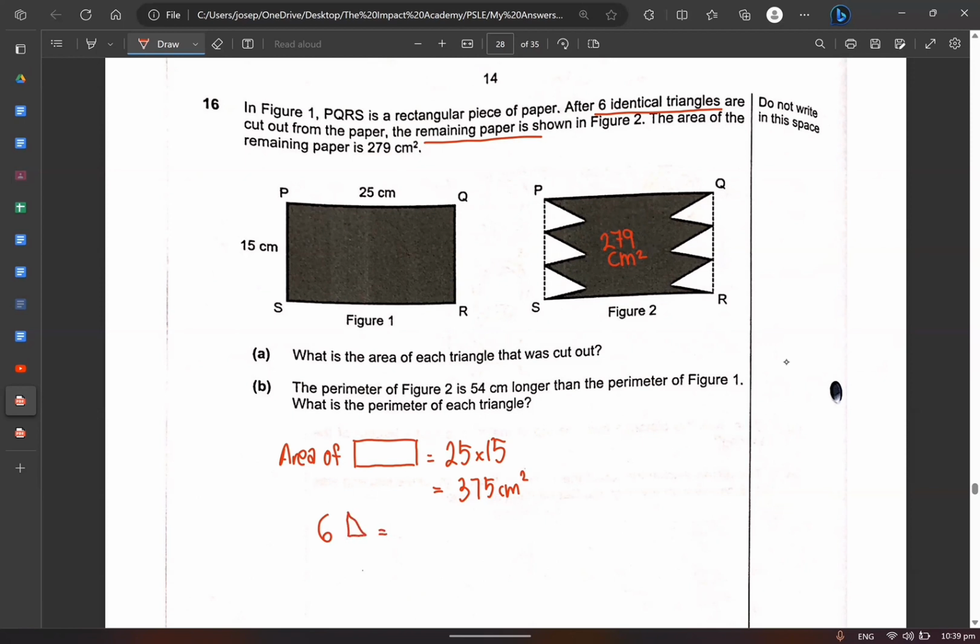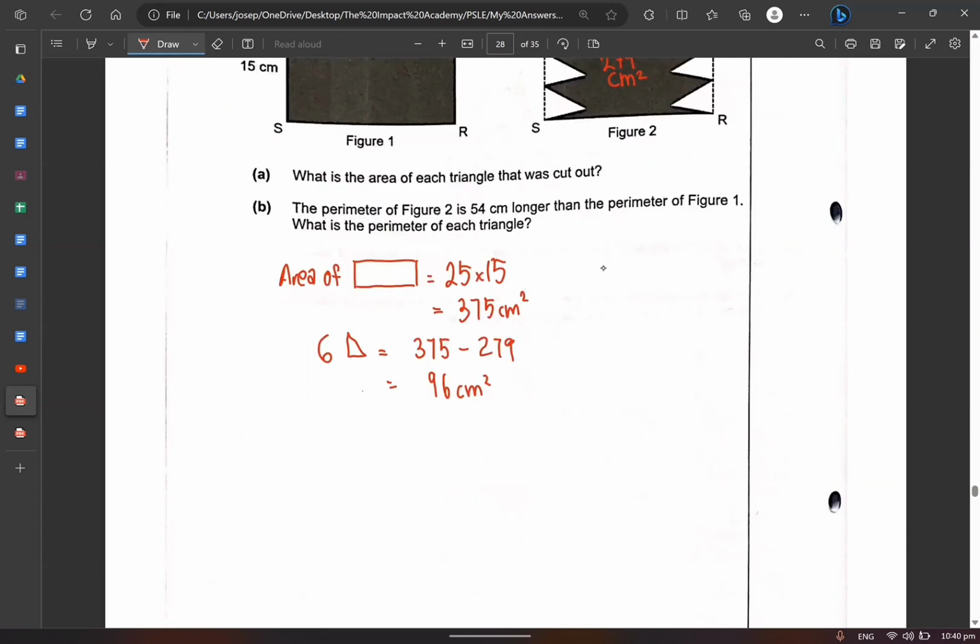So for my 6 triangles it will be 375, which is the area of the whole paper, minus away 279. I will get an answer of 96. So 96 centimeters squared is basically 6 triangles.